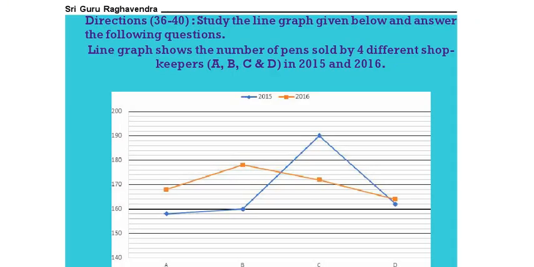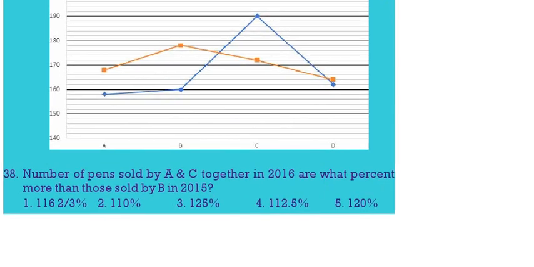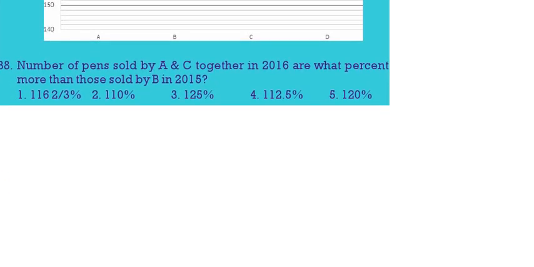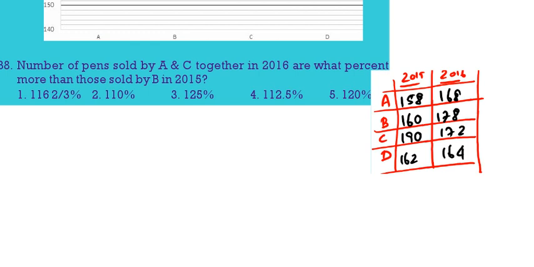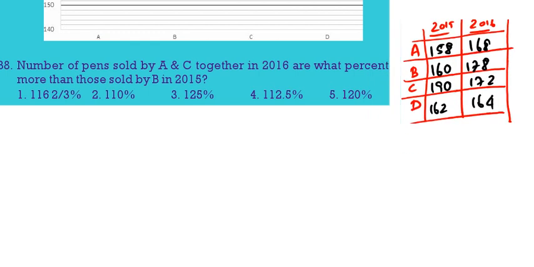Next question. The number of pens sold by A and C in 2016 is how much percent more than B in 2015? A and C in 2016, that is 168 plus 172, that is 340. B in 2015, 160. So what is the difference?